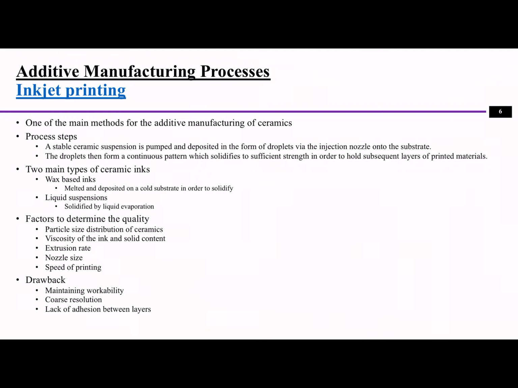Another process is inkjet printing. This is also one of the main methods in additive manufacturing. It can also make ceramics as well. So inkjet printing, from its name, you can tell it's kind of injecting. So it's depositing droplets from a nozzle, and the droplets can be polymers, ceramics, or liquid metals as well.